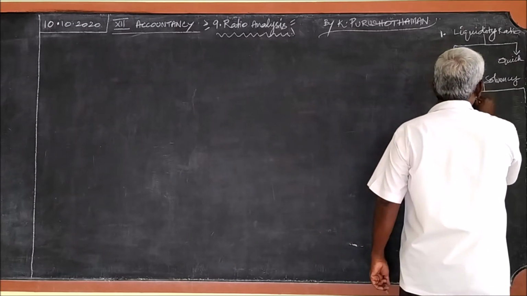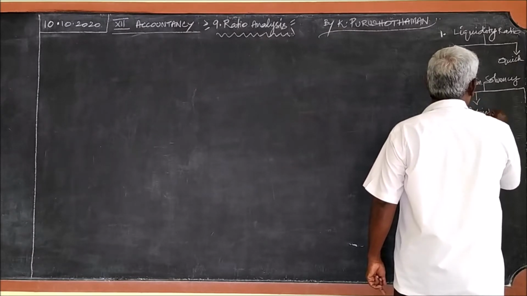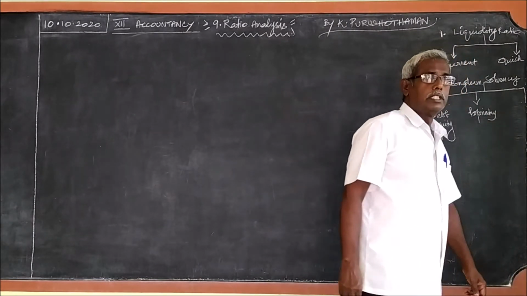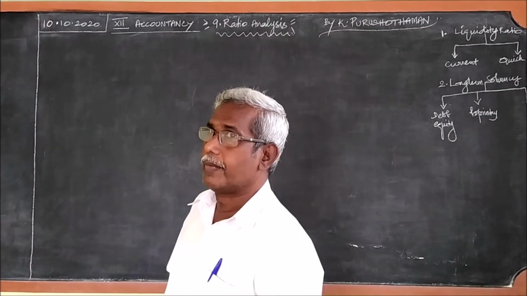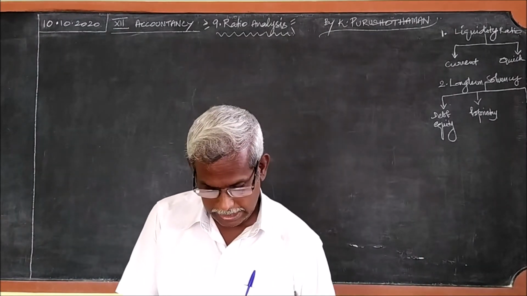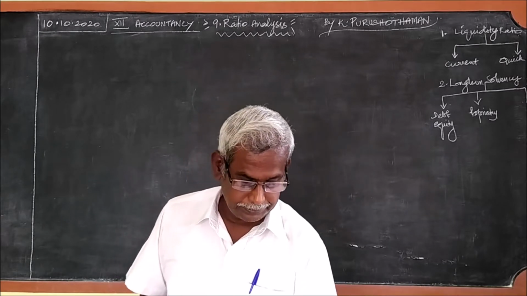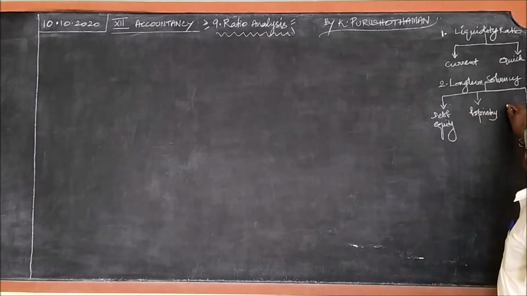The second one is the proprietary ratio. The third one is the gearing ratio, the capital gearing ratio.